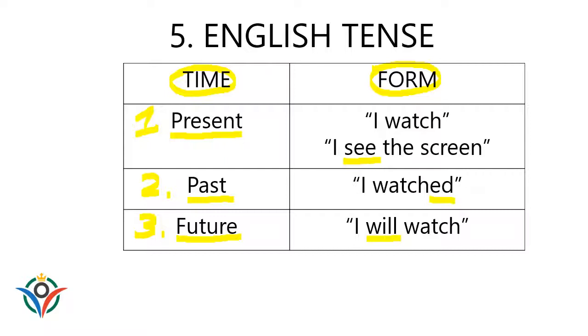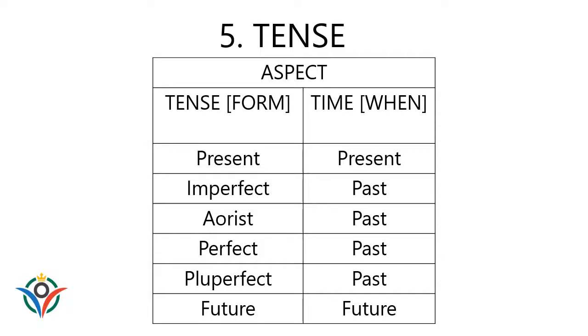tense together. One of the challenges of moving from the English tense to the Greek tense is that the Greek introduces us to another component known as aspect. And aspect is perhaps the most difficult concept to grasp in Greek verbs, and yet it is the most important and most misunderstood.